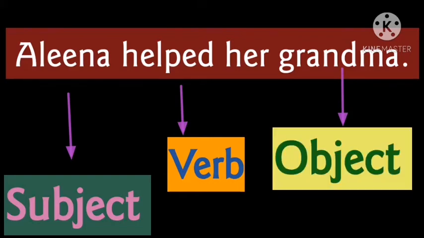So, subject is Alina, verb is helped and object is grandma. This is the basic form of an English sentence: subject, verb, object. Subject is the person who is doing the action, verb is the action word, and object is the person or thing that receives the action.